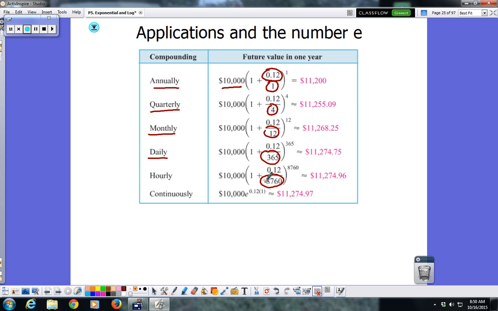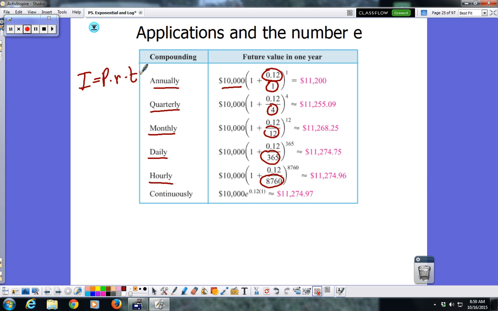There's 8,760 hours in a year, I assume. There's those scenarios, and look what's happening. Compounded annually, that's $11,200, and if I'm not mistaken, that would be your I equals P times R times T formula.